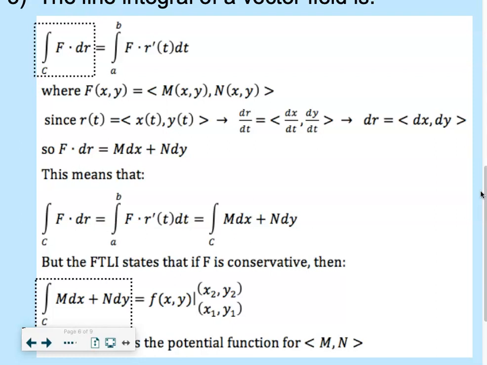Then we learned the fundamental theorem of line integrals, which says that, hey, if your vector field is conservative, then the path to get from A to B is completely irrelevant.